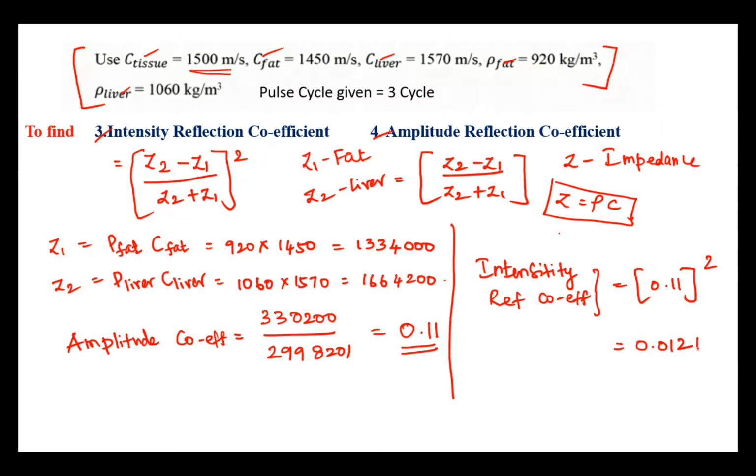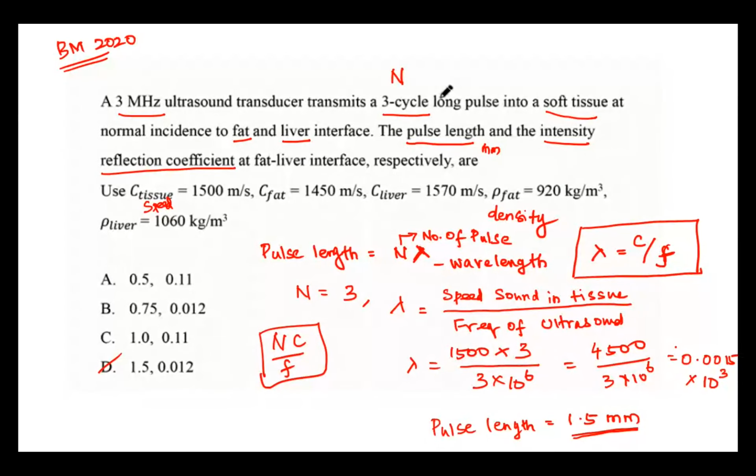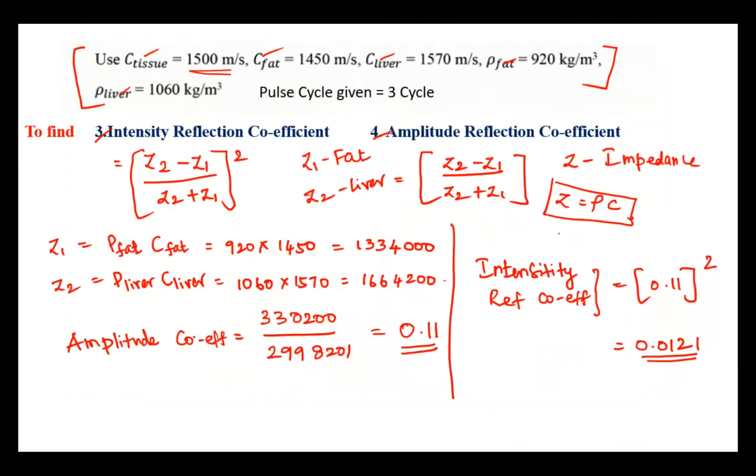Right. So this is your intensity reflection coefficient. Just square it. So if you move on to the question, you have the exact answer 0.012. And 1.5 is pulse width, right? So this is a simple calculation.